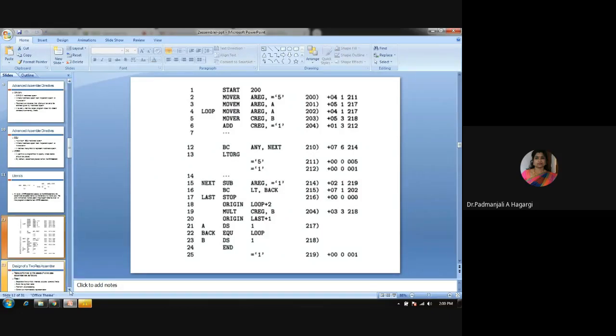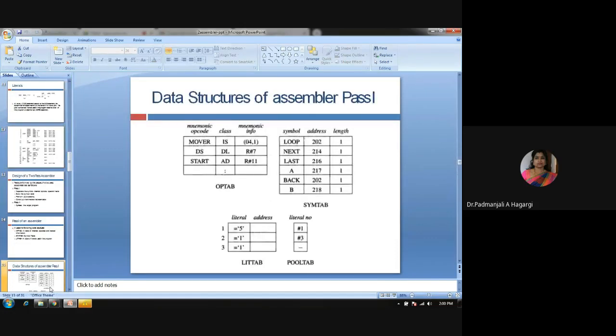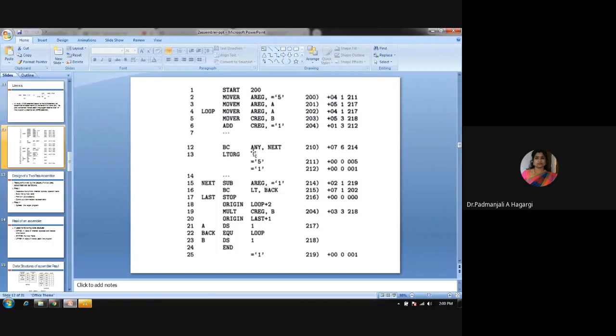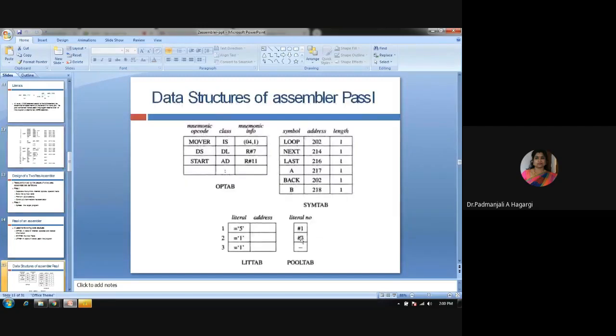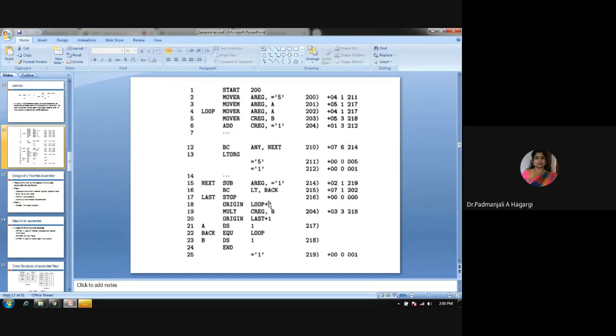So 5 and 1 are pushed onto the literal table. This 5 was pushed onto the literal table, and this 1 is pushed onto the literal table.